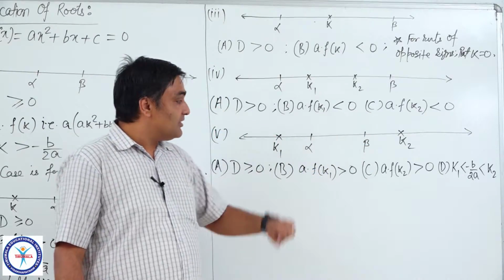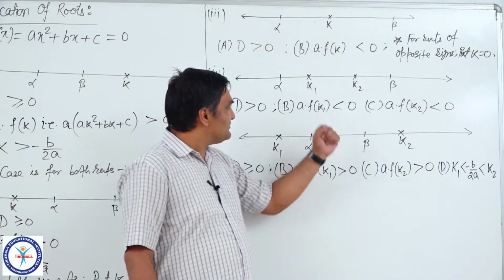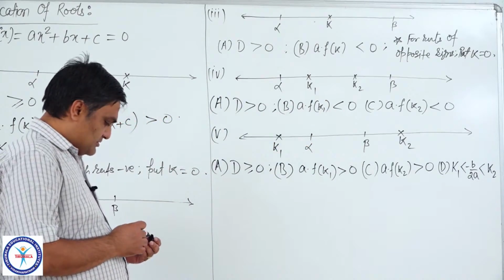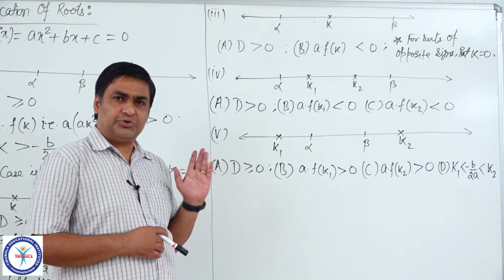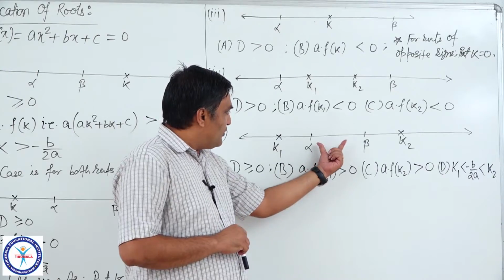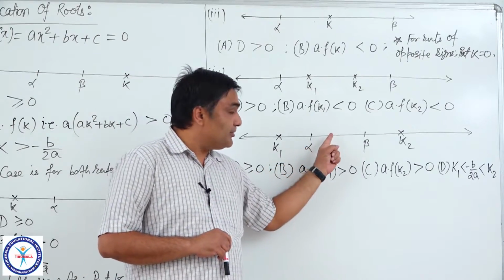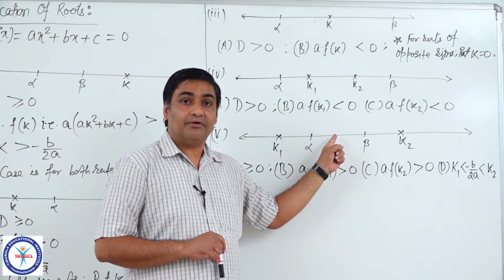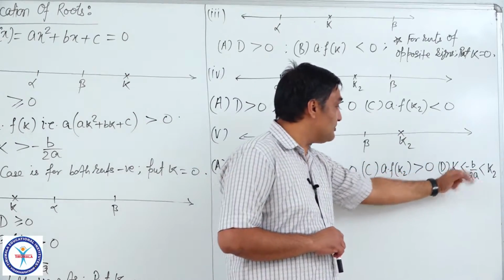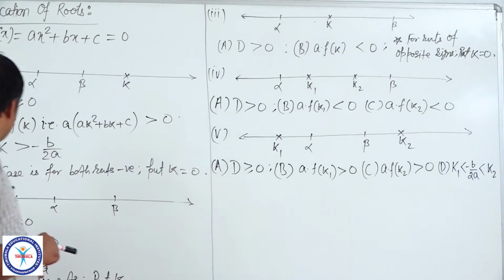Midpoint. See, one thing I want to clear. A student asked me, sir, why are you taking the midpoint of alpha and beta, alpha plus beta by 2, while writing minus b by 2a?